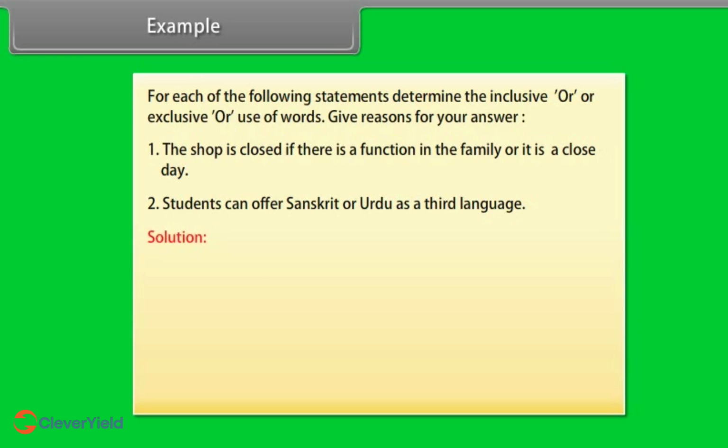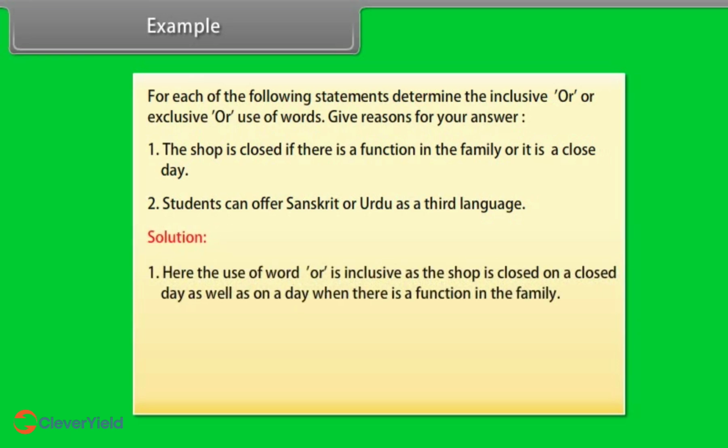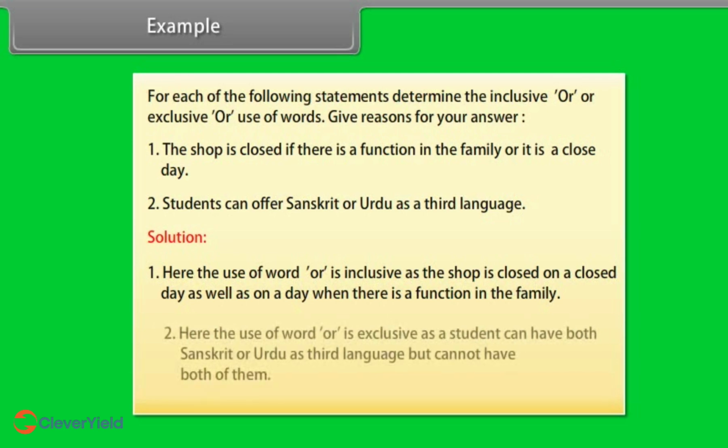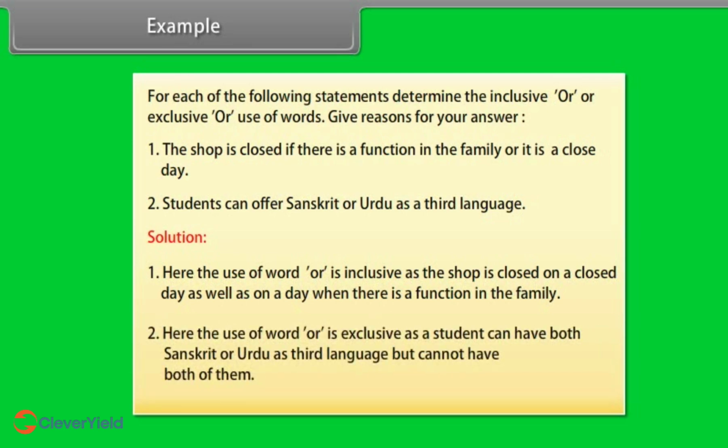Solution: 1. Here the use of the word "or" is inclusive, as the shop is closed on a closed day as well as on a day when there is a function in the family. 2. Here the use of the word "or" is exclusive, as the student can have either Sanskrit or Urdu as third language but cannot have both of them.